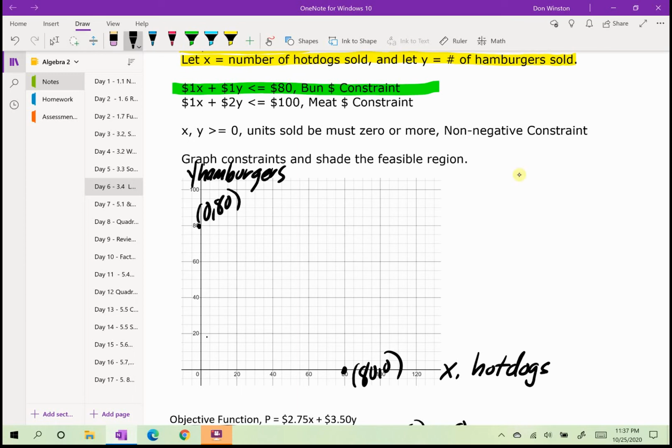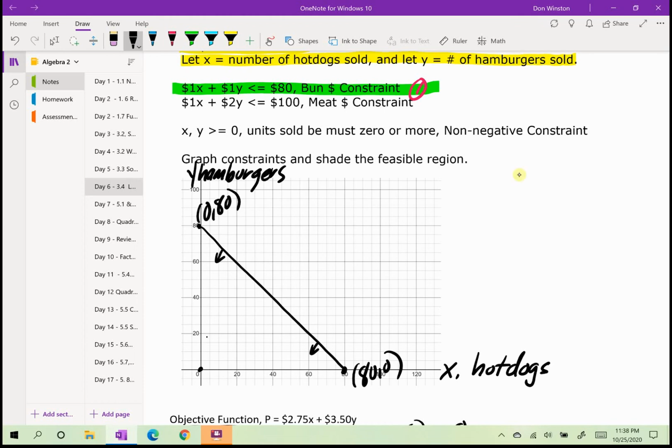So if I draw my line there for the first constraint, the bun dollar constraint, you have to be below that line. Any point below or on that line satisfies that constraint. So for example, if you're at the origin, certainly 1 times 0 plus 1 times 0 is less than or equal to 80. So you have to be below that line.